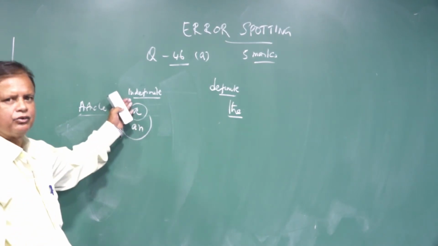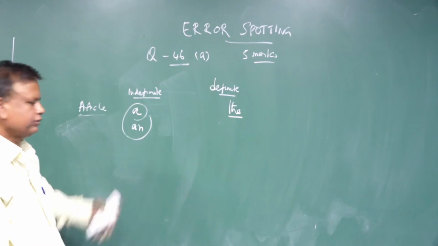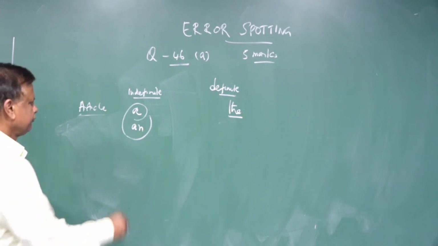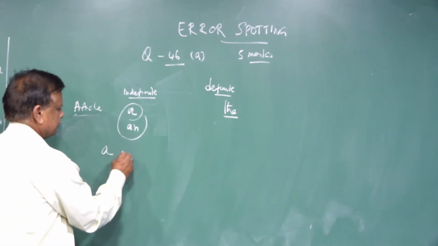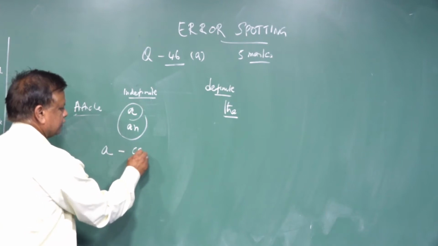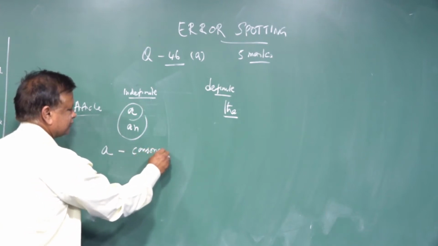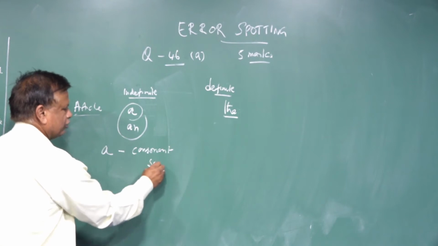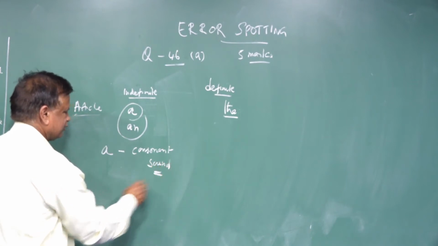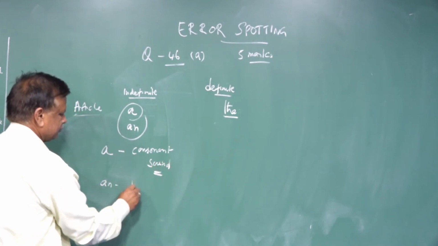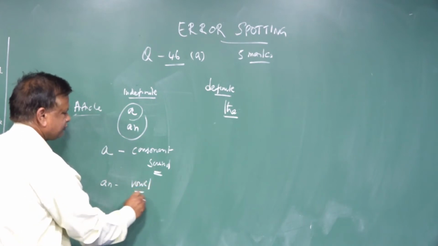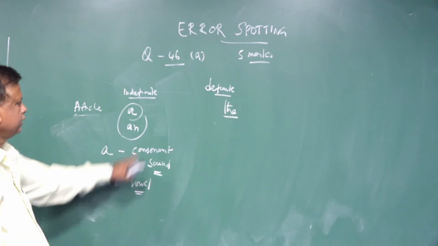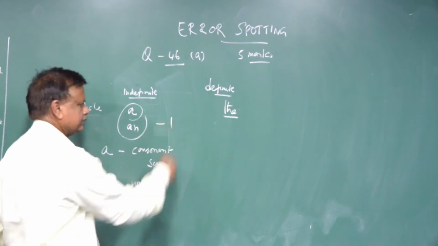Now let us run quickly through the usage of a and an. A is used normally before a consonant sound. And an is used before a vowel sound. Both denote a singular thing only.